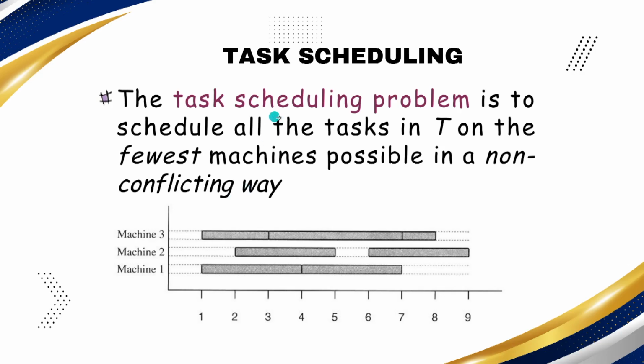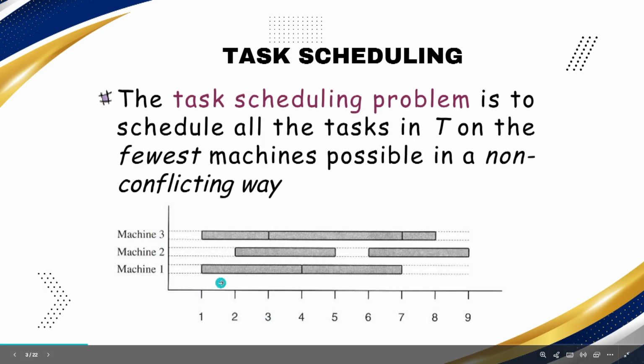So, given this constraint, the task scheduling problem is to schedule all the tasks in the set T onto the fewest number of machines possible, and that too in a non-conflicting way. So, using fewest machines is one of our constraints, and we can schedule the tasks to a machine provided they are non-conflicting in nature.